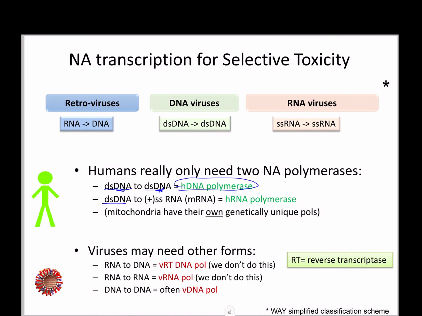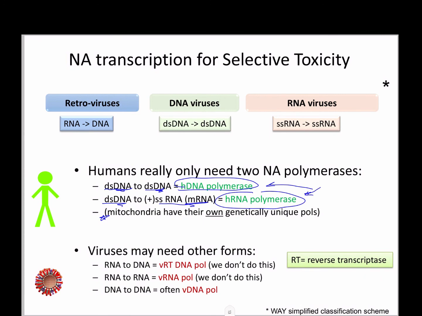So we have a DNA-dependent RNA polymerase, and both of those are specific to mammals, even specific to humans. Again, I mentioned mitochondria have their own specific ones as well, and that can come into some side effects due to selectivity issues with HIV drugs, but we'll get there. So we only have these two specific polymerases, this human DNA polymerase and this human RNA polymerase.